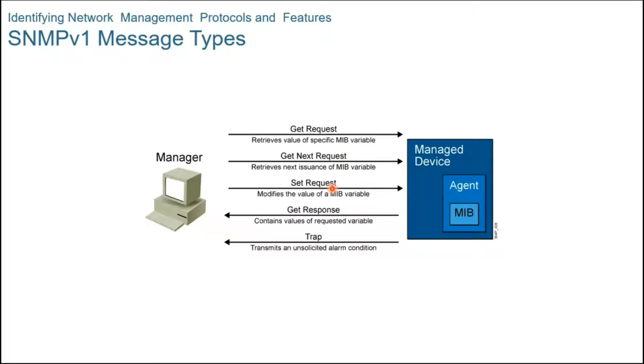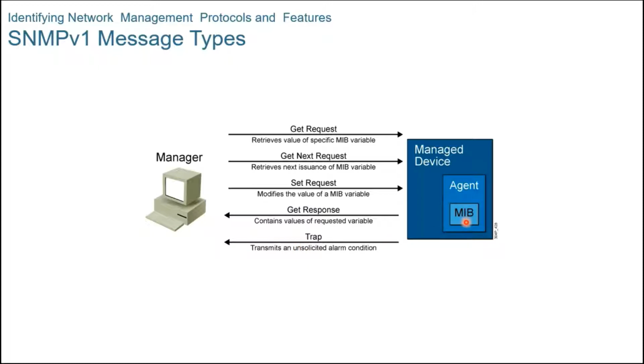Next would be set request, used to set a MIB variable on the agent. And then get response, used by the agent to respond to a manager's get request or get next request message. And the last one would be trap, used by the agent to transmit an unsolicited alarm to the manager.